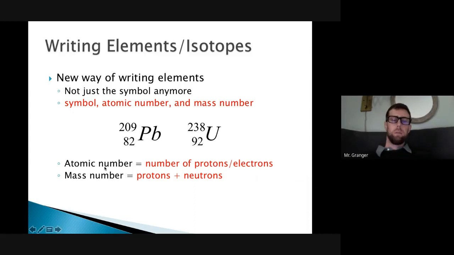The mass number is the combined totals of the protons and the neutrons together. So those have been combined or added together. So this bottom number being the number of protons or the atomic number, added with the number of neutrons present in the nucleus of this particular isotope of lead-209 or uranium-238.